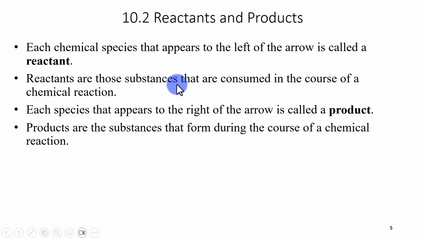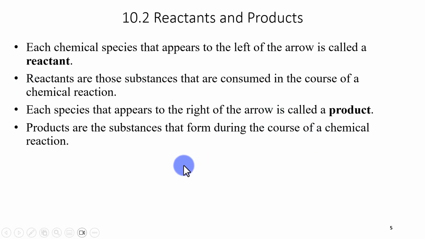What we need to say is these are those substances in which atoms rearrange to give you different compounds, right? So these are your starting substances, and you end up with something different to the right of that arrow. So those pieces that appear to the right of the arrow are called products, and they are formed during the course of the chemical reactions. So we use up the reactants and we form products.